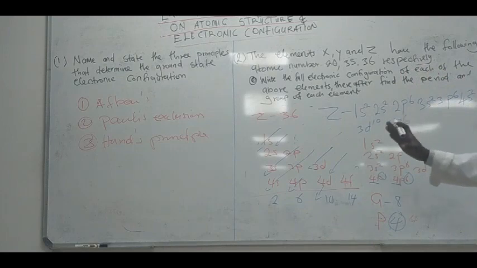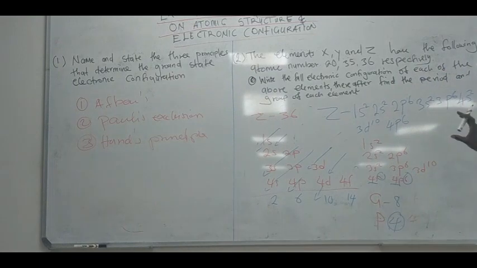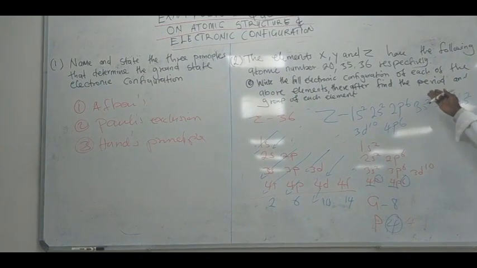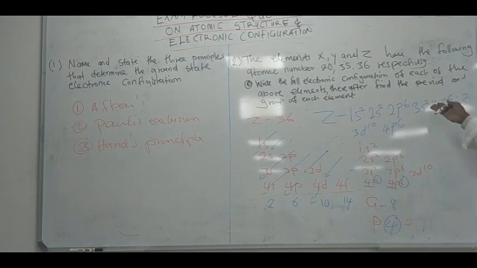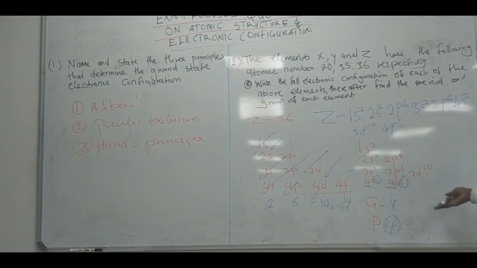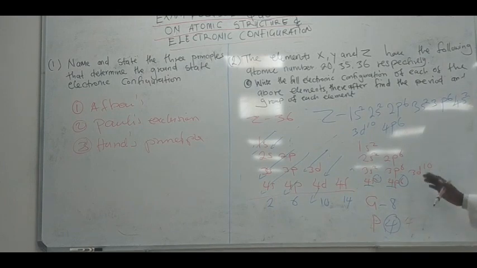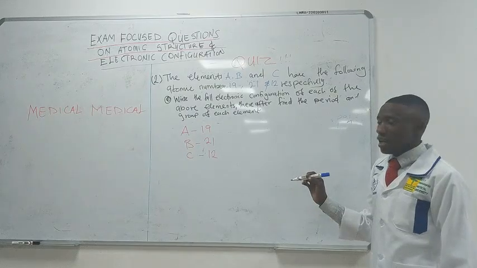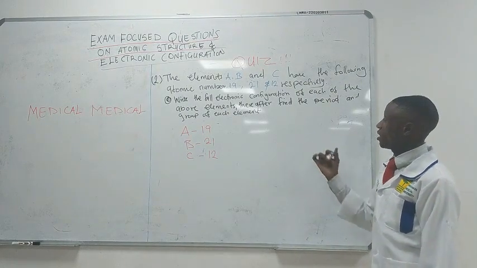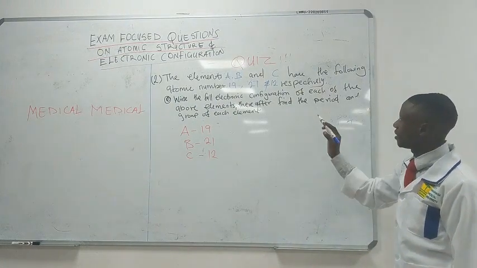If you understand and master those principles, you can solve any question that comes in the examination based on this. So for today we'll end here, but let me leave you with an assignment. Finally, we have a question on the board, and it is a quiz.